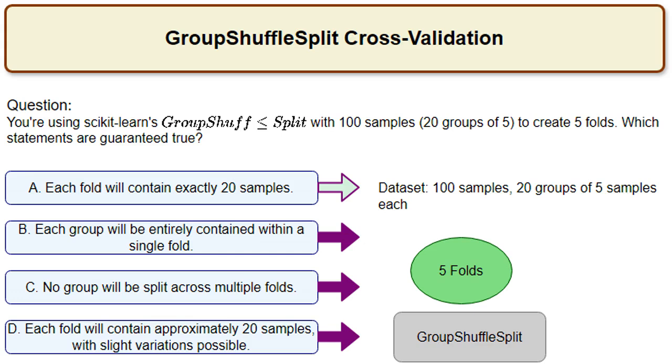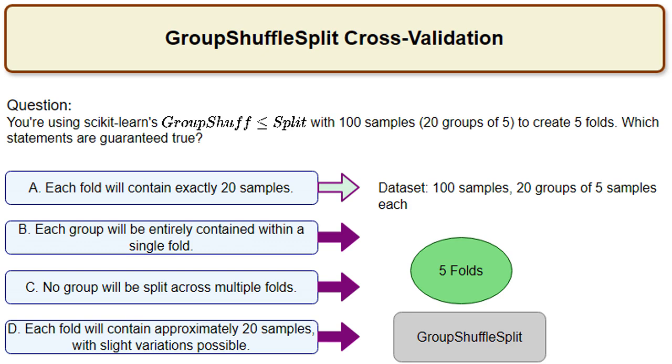I am using GroupShuffleSplit, a scikit-learn function. It's perfect for cross-validation when you have groups of samples that shouldn't split across different folds.